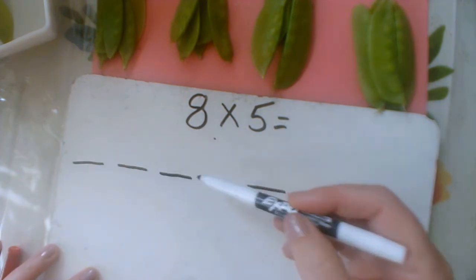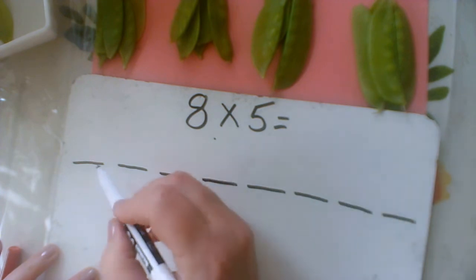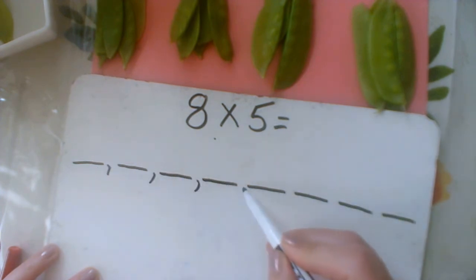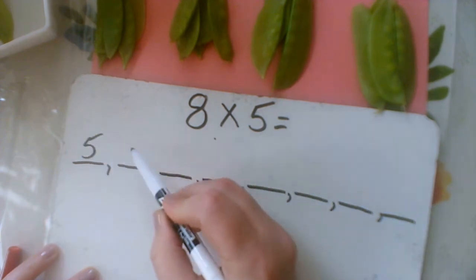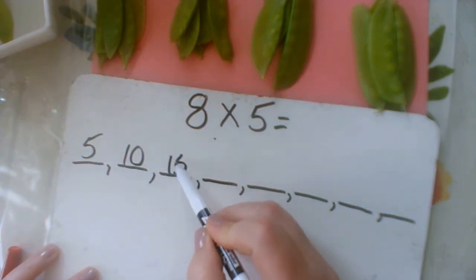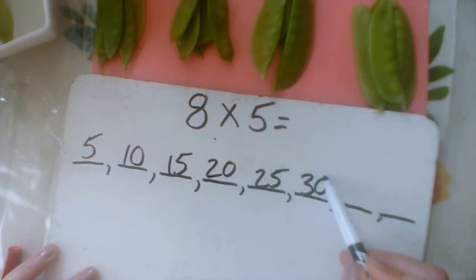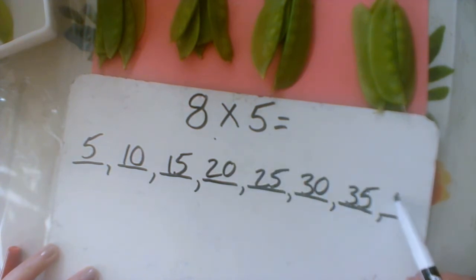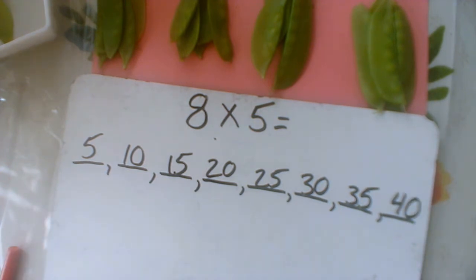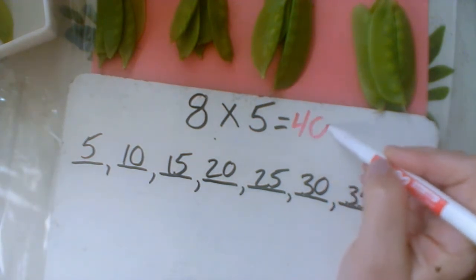So 1, 2, 3, 4, 5, 6, 7, 8. Get my commas in there. All right, and I said 5, 10, 15, 20, 25, 30, 35, 40. And so the product of 8 and 5, 8 times 5, is 40.